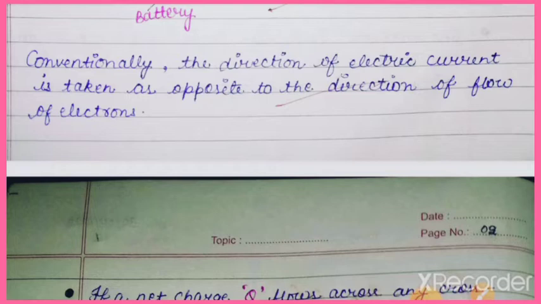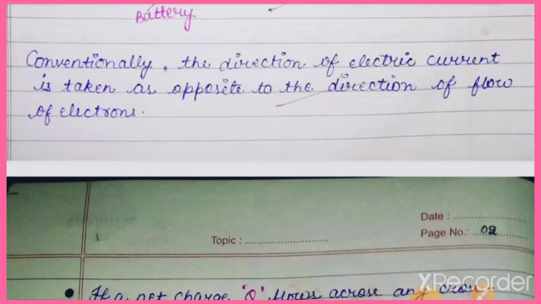We know that electric current is the rate of flow of charges, that is electrons. So in electric current, there is a flow of charges from negative to positive direction, so electrons to protons.